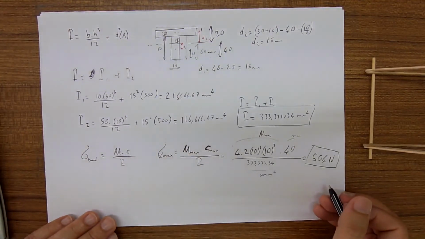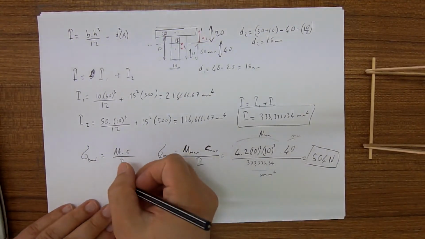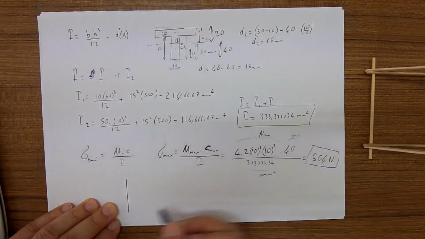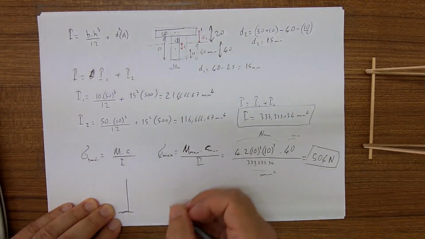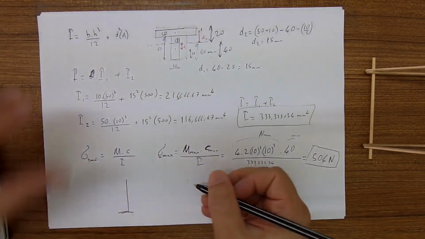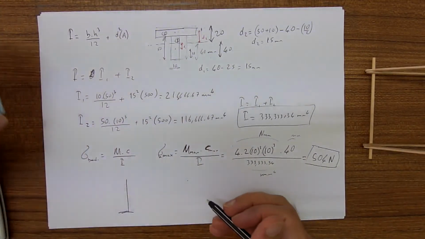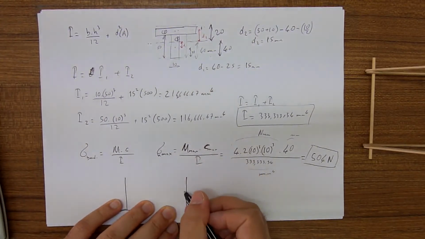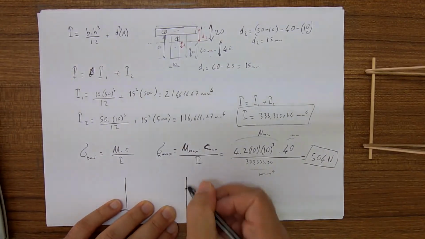Okay, if we draw the profile of the stress distribution, where is this stress? It is at the bottom of the section, so draw it here. So this is our section, we look at it from the side, and the neutral axis is here, 40 mm from the bottom of the section.